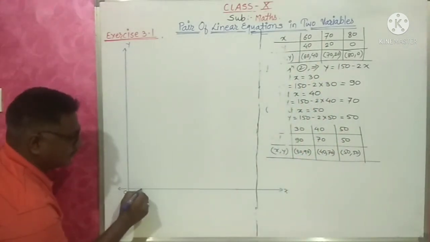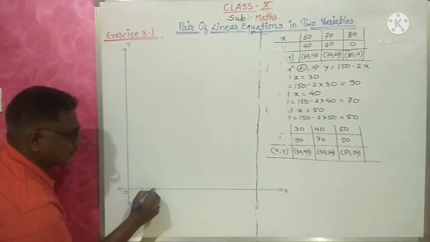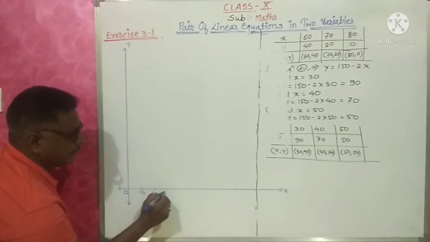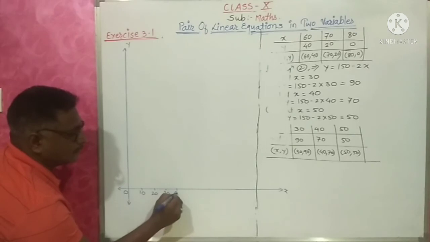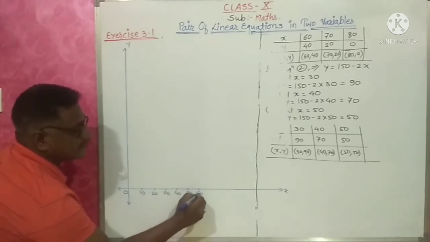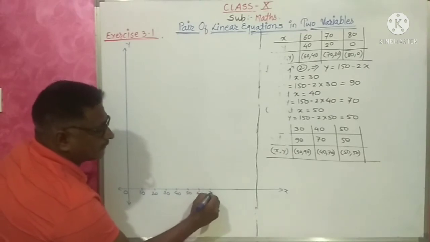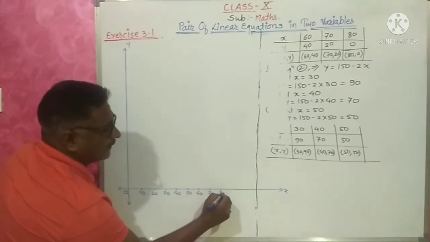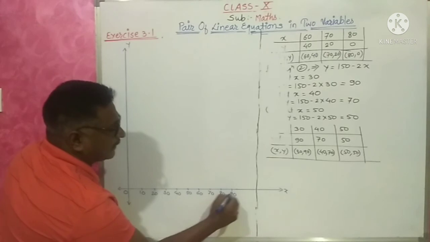So here 10, 20, 30, 40, 50, 60, 70, 80, 90.